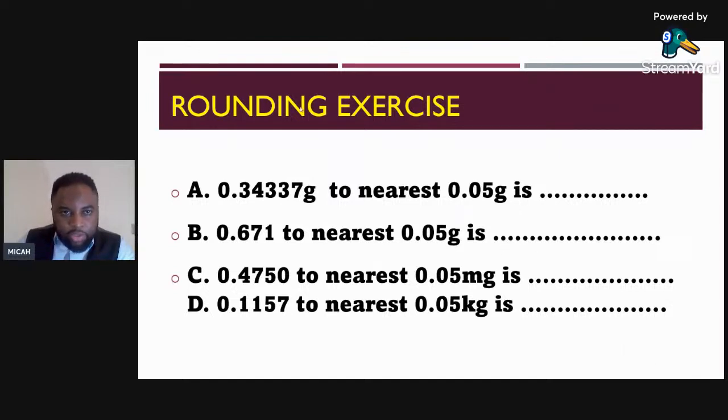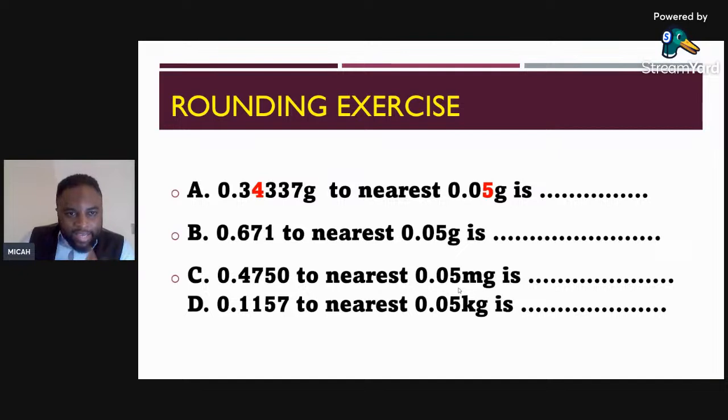If we just highlight it to make things easy to see, that 5 is sitting where the 4 is in my number. And that's where I need to watch.